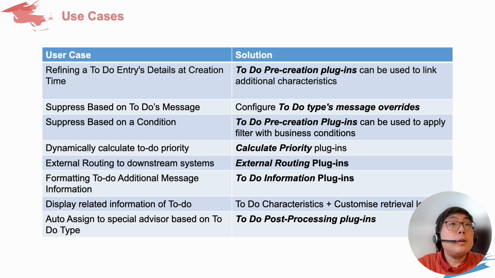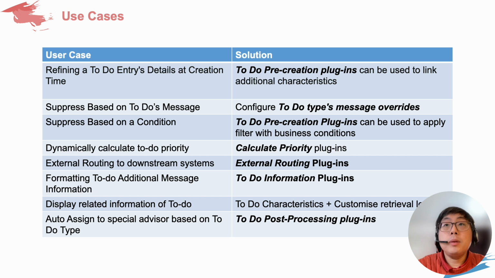Okay, last one, auto assign to special advisor based on to-do type. So how do we assign a to-do after it's been created? That is a question we are going to answer in a later slide because that is really important.